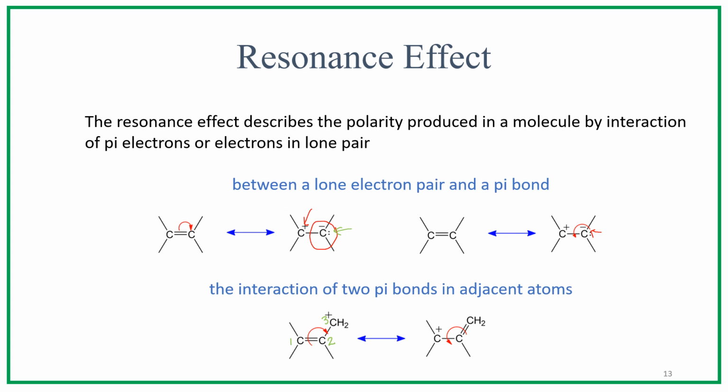Due to this movement, positive charge jumps to the first carbon from the third carbon atom. Therefore we can say this nucleophile can attach to the first and third carbon but not to the second carbon. Therefore this resonance effect is very important when you are talking about chemical reactions of organic compounds.